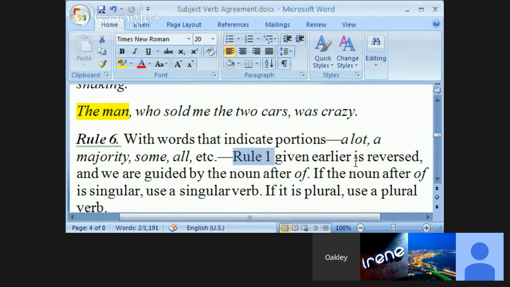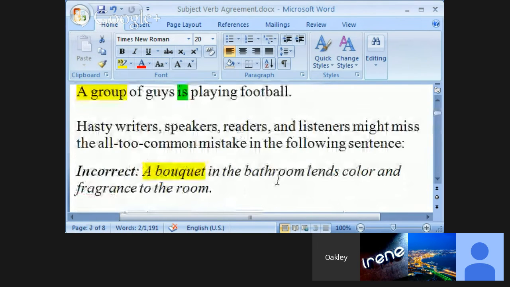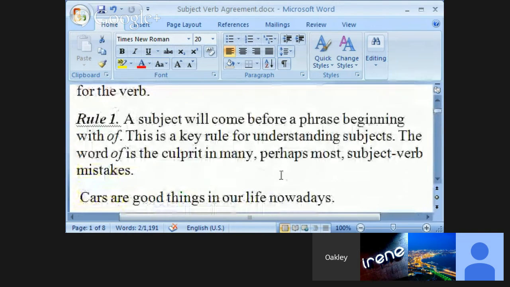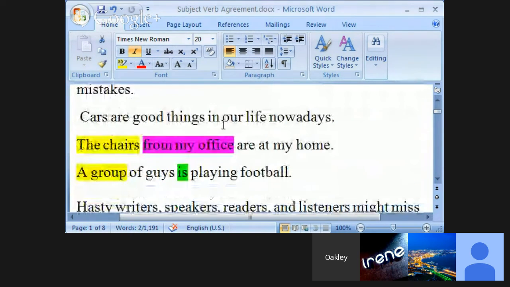So remember when we started the class, let's just review. Let me scroll up. Okay, I told you and you believed me. The list of items is on the desk. We concern ourselves with the subject noun being the list. We don't concern ourselves with the prepositional phrase of.